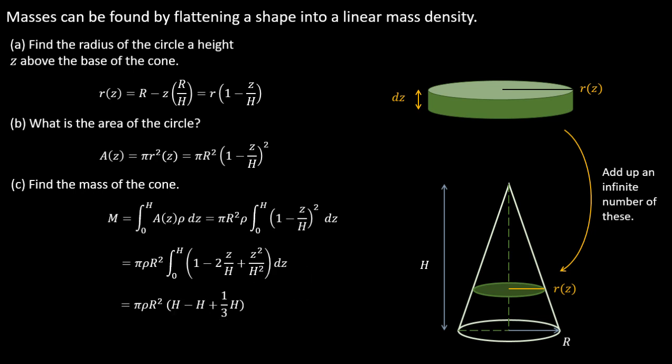And just the integral of this quadratic term, which turns into a cubic term, 1/3 h cubed over h squared, ends up just being 1/3 h. So 1/3 h is basically what we have, 1/3 pi rho r squared h.